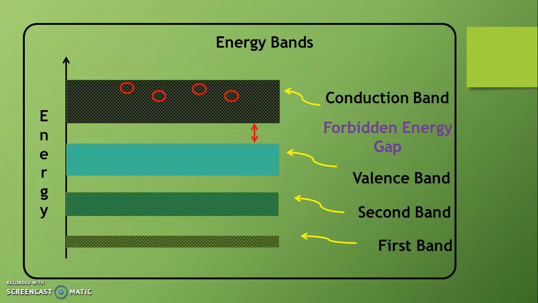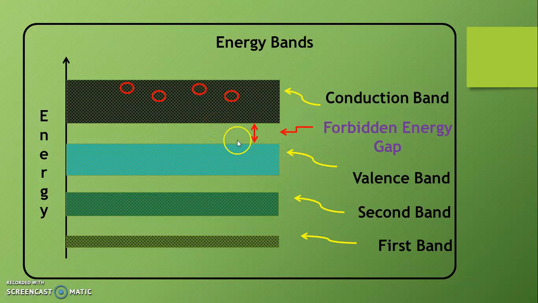We have discussed that electrons in the valence band have maximum energy, but to shift electrons from the valence band to the conduction band, it requires certain additional energy, and the energy required is equal to the width of this forbidden energy gap.